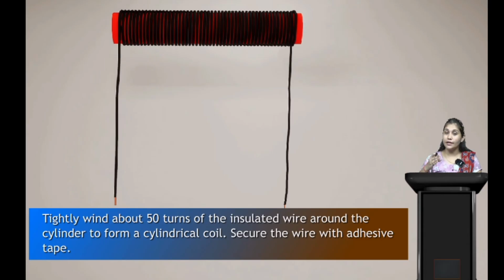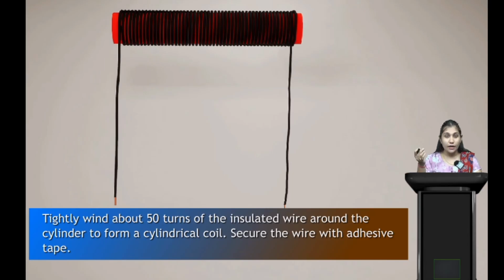Means you will roll the insulated wire around the surface of the chart paper in such a way that it forms the shape of a cylindrical coil. This one is a chart paper, and roll the wire in such a way that it forms the shape of the cylindrical coil.